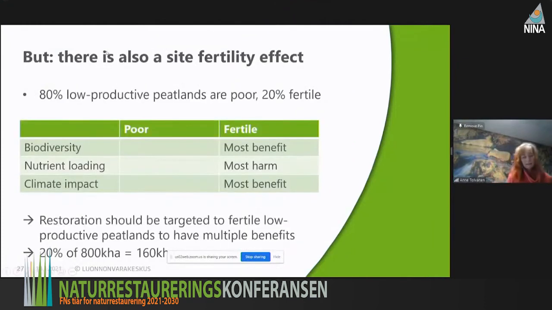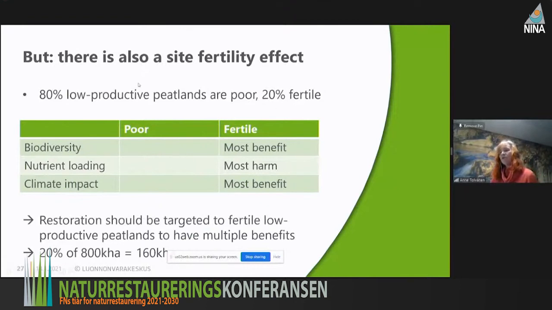And then, as I've been saying all the time, there's the site fertility effect. Time is one important thing influencing, but the site fertility is the other one. So if we have only two main categories, poor and fertile peatlands, the fertile peatlands are the ones where we have to concentrate on looking.